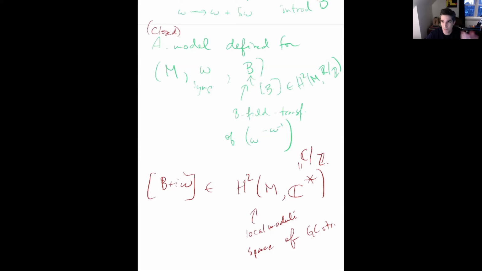It's a category, like the category of D branes, or the derived category of coherent sheaves on the manifold. But the closed A model was understood shortly after the paper of Witten.